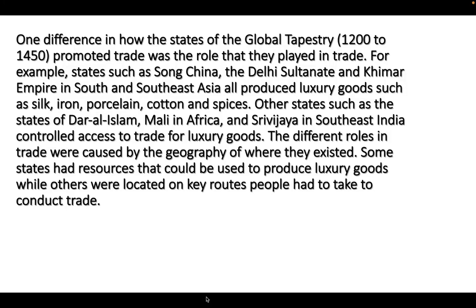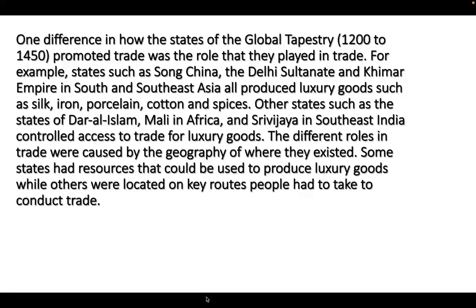Now, my evidence here, what I'm basically doing is I'm saying some were producers of luxury goods and some were trading states controlling access. So, my evidence, for example, states such as Song China, the Delhi Sultanate, and the Khmer Empire in South and Southeast Asia all produced luxury goods such as silk, iron, porcelain, cotton, and spices.